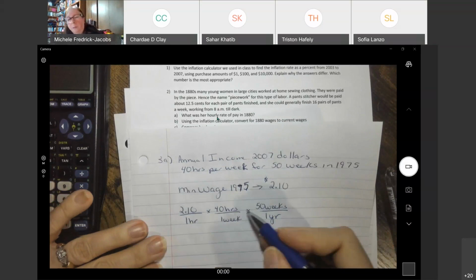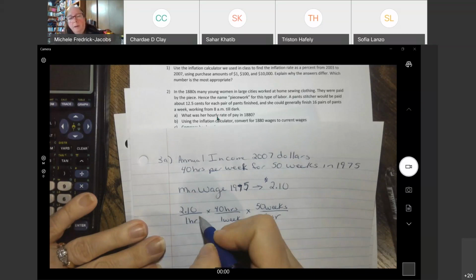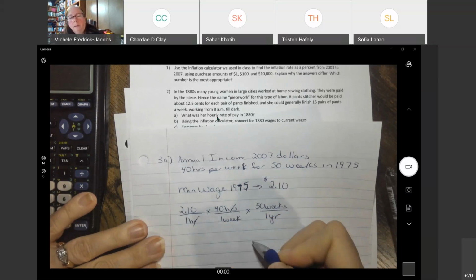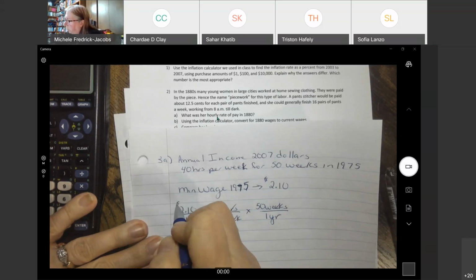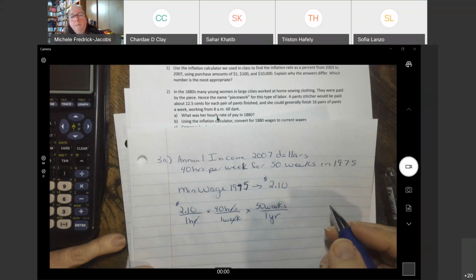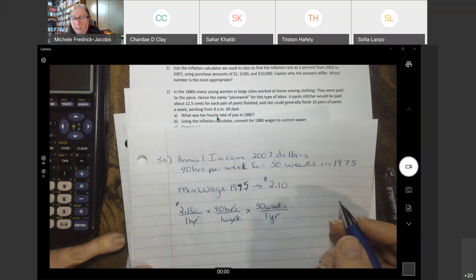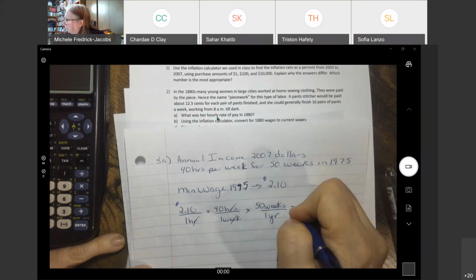If you're using proportions, this was per hour, and then the weeks cancel, and it'll leave dollars per year. You're getting 4,200.